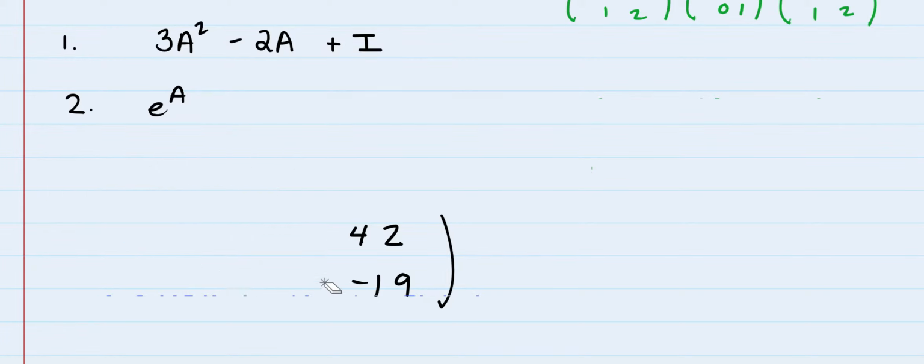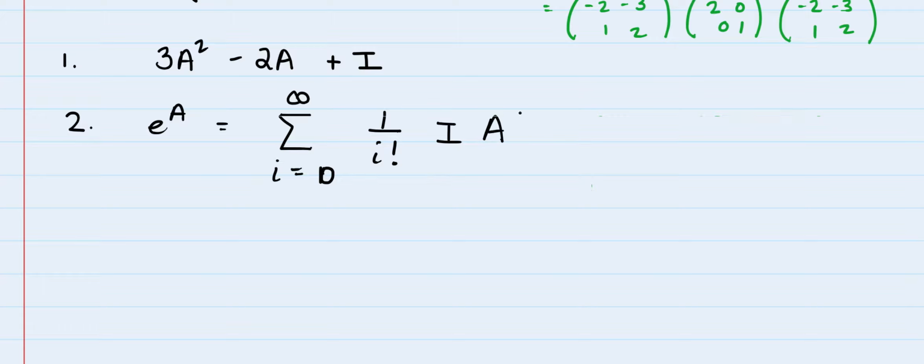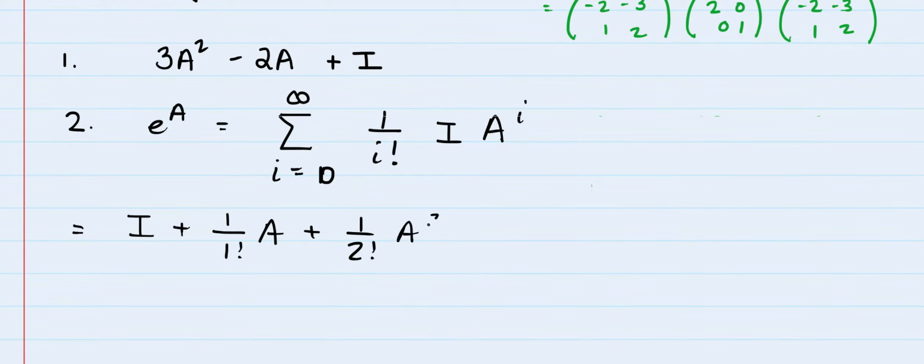So e to the A, we said, is equal to the summation from i equals 0 to infinity of 1 over i factorial times A to the i, which we can write in an expanded form. This is identity plus 1 over 1 factorial A plus 1 over 2 factorial A squared, and so on.